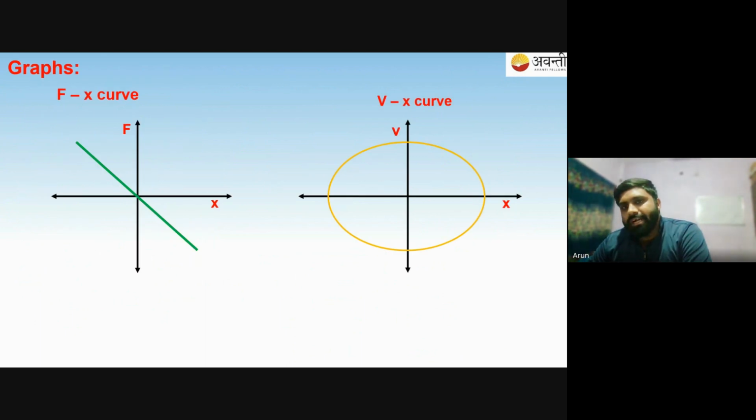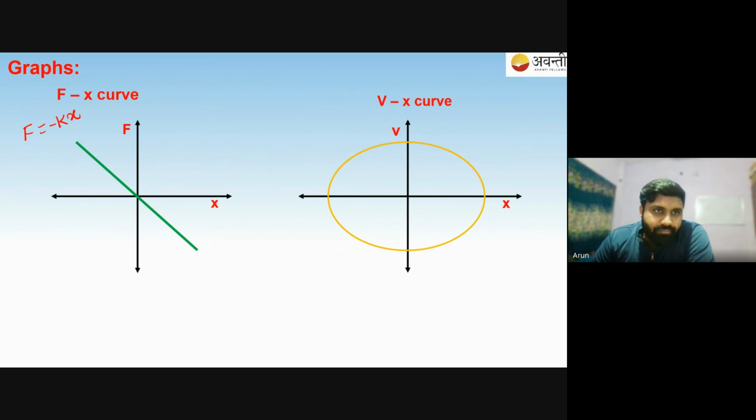So if you see the graph here, the graph between F and x, these are the displacement graphs. So the equation we have is this. This is a straight line equation passing through the origin, because there is no term c here, or the value of c is 0, which is the intercept on the x and y axis.